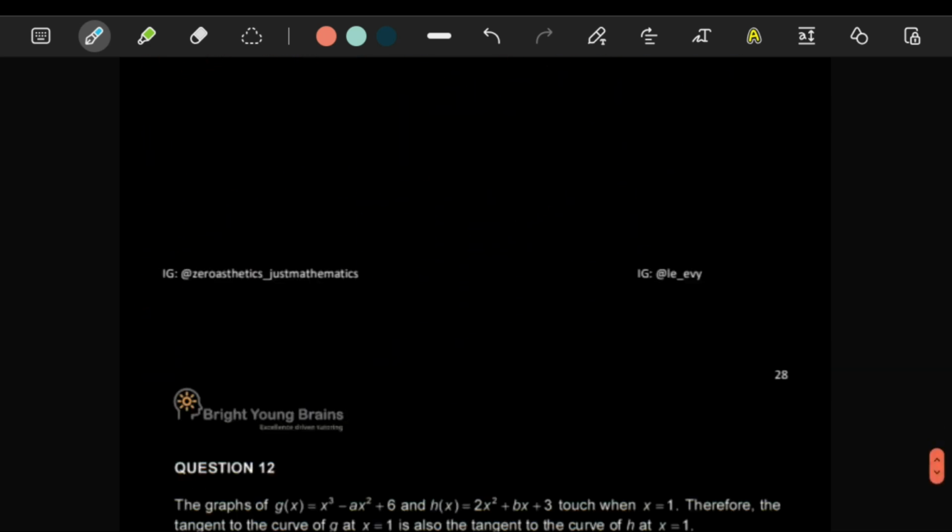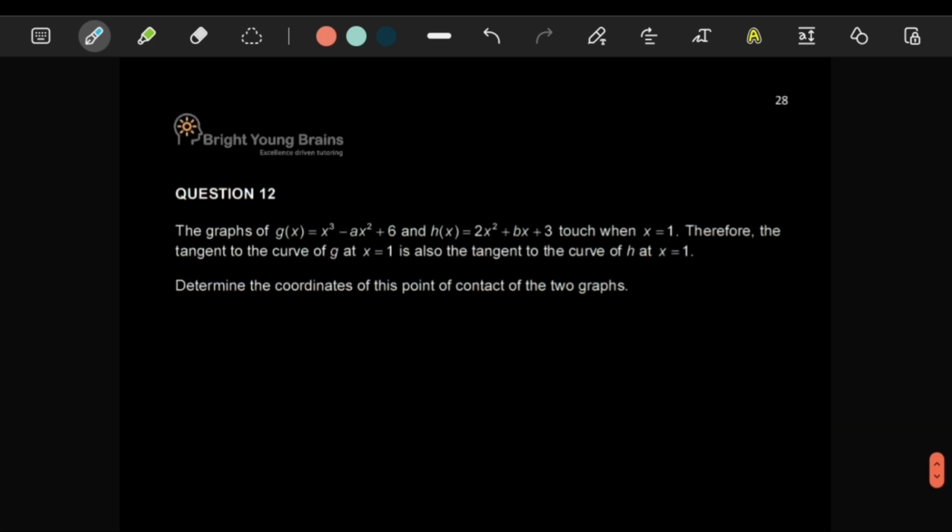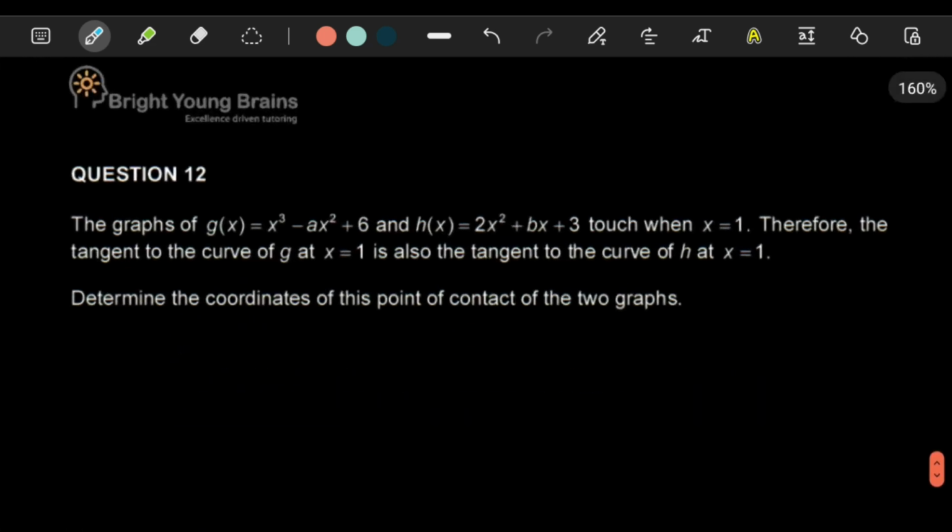Anyways, let's see. Moving on to the next question, the second last question, because there are 13 questions in this thing. It says the graphs of G and H touch when x is 1. Therefore, the tangent to the curve at G at x is equal to 1 is also the tangent to the curve at h, where x is equal to 1.